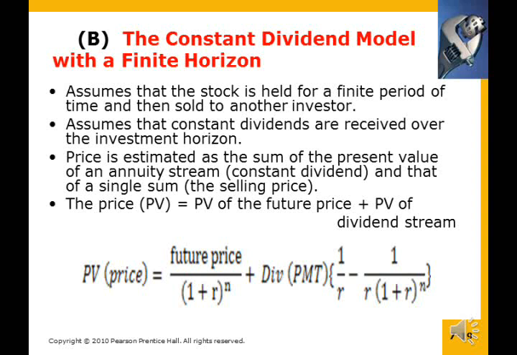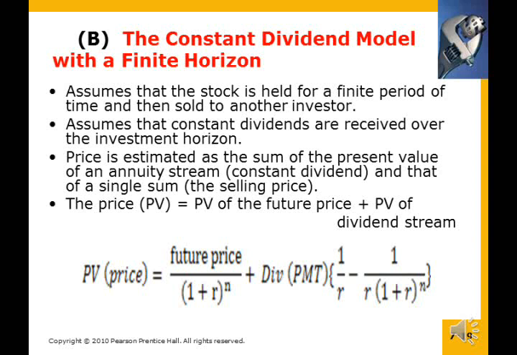It won't matter, because whether I keep the stock for a period or forever, the dividends are all constant. Second assumption, the stock is held for a finite period of time, and after that the investor will sell this stock to another investor.